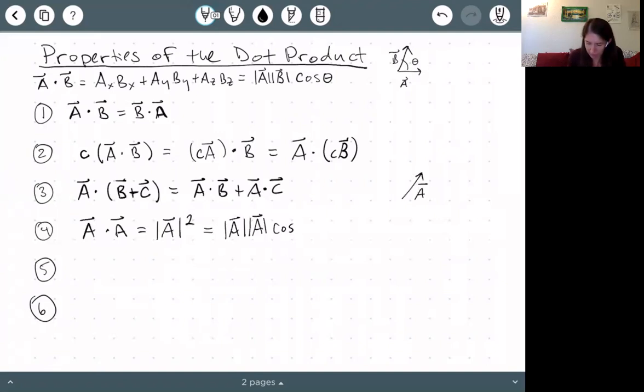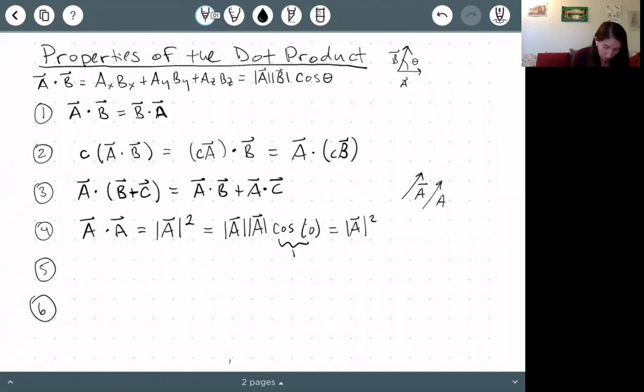If this was A and then we draw another A, it's the same direction. So the angle between them is 0. This is cosine of 0, and if you recall, cosine of 0 is 1. So indeed, this is equal to the magnitude of A squared. So a vector dotted with itself, you just get the magnitude of A squared.